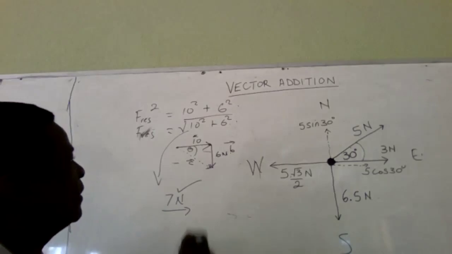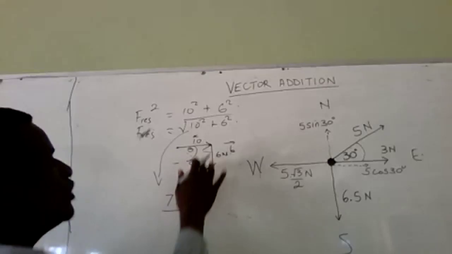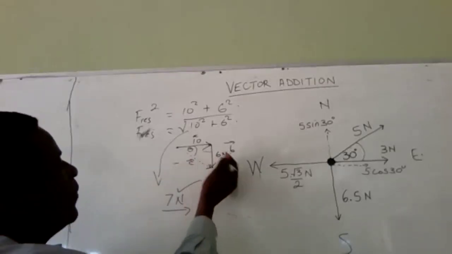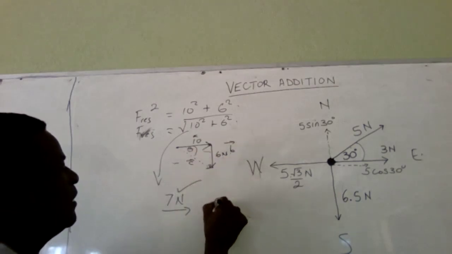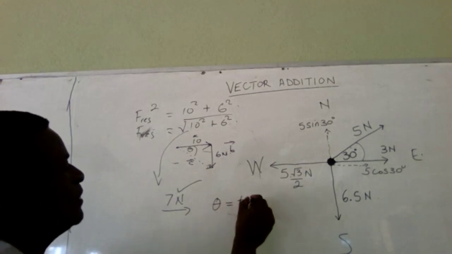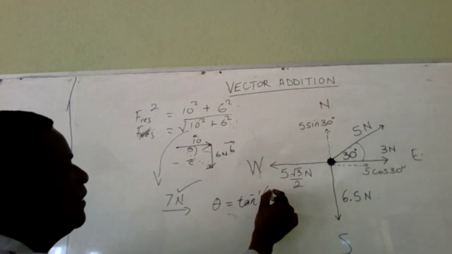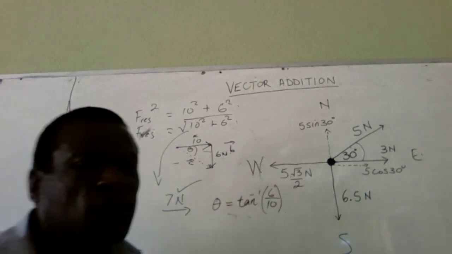To get that angle theta, you use trig ratios. The best one is the tan. Opposite is 6, adjacent is 10. So you can say theta is the angle whose tan is 6 over 10. You get that ratio, put it on a calculator and get the angle.